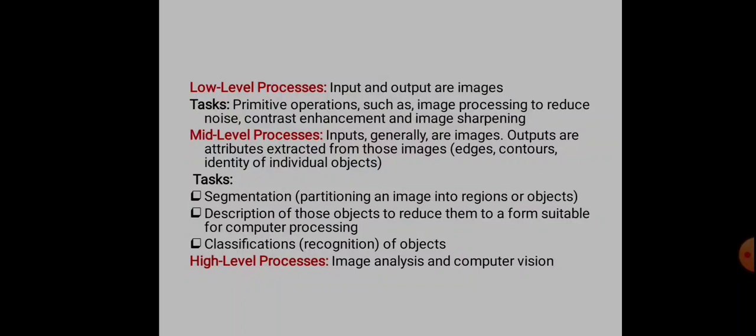What are the tasks? Segmentation. In our biomedical field, segmentation is a very important technique. When you take a CT image, if there are cancer cells present, using segmentation we can segment that particular cancer region from the CT image or brain image, and remove that region from the rest of the image. This lets us detect how much the cancer cell has spread, and we can analyze many parameters like that.